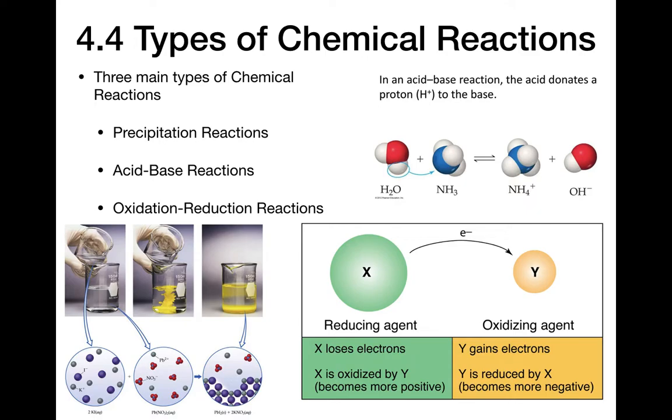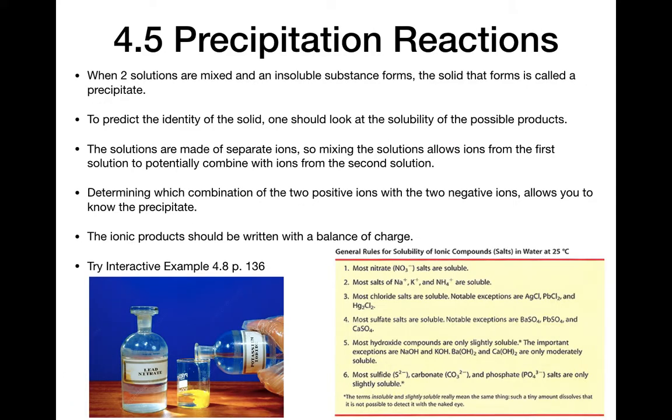So to review, generally we talked about precipitation reactions in the same way we're going to talk about them in AP Chem in Chem 1. We're going to shift our focus in how we look at acid-base reactions from how we did it in Chem 1, and then we're introducing the new topic of oxidation-reduction reaction. We did not discuss that one in Chem 1. Starting with precipitation reaction.